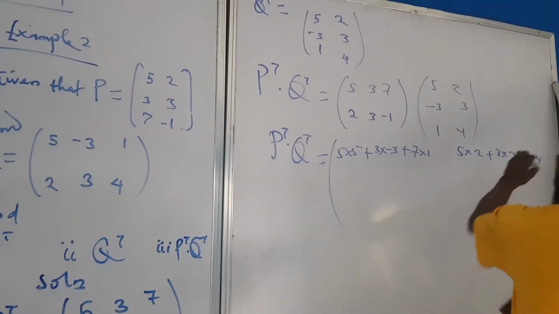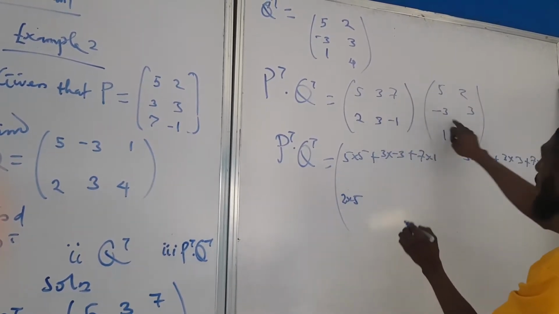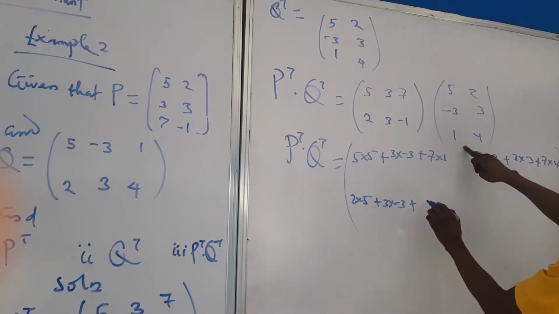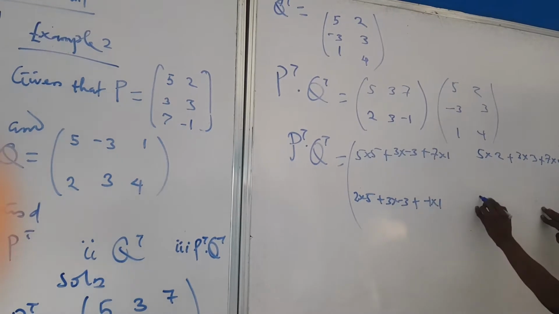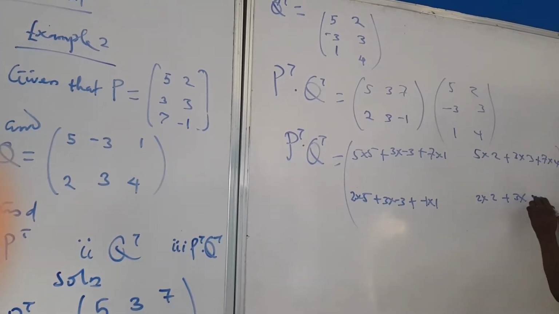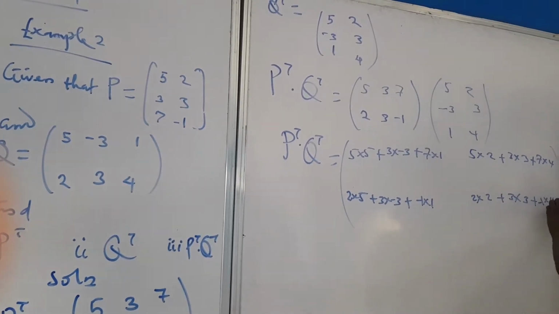For the second row, we have 2 times 5 plus 3 times minus 3 plus minus 1 times 1. Then we do the same thing for this one. We have 2 times 2, then plus 3 times 3, then plus minus 1 times 4.